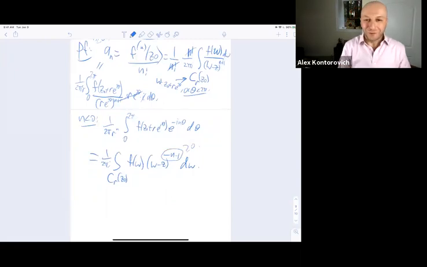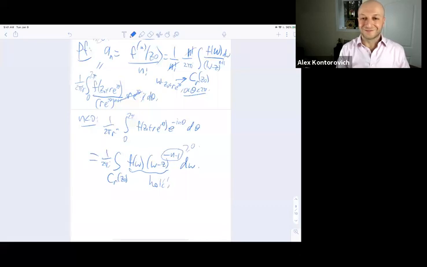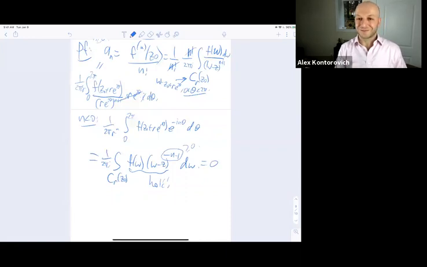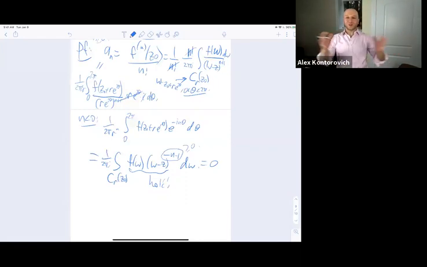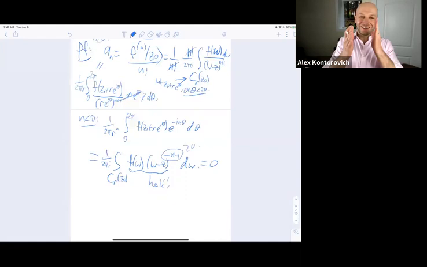So the integrand is holomorphic. So the integral is 0. Okay, so we're seeing that the Laurent series expansion of f has all the negative coefficients equal to 0.